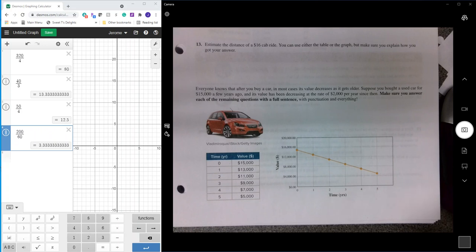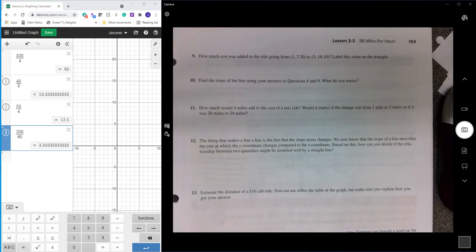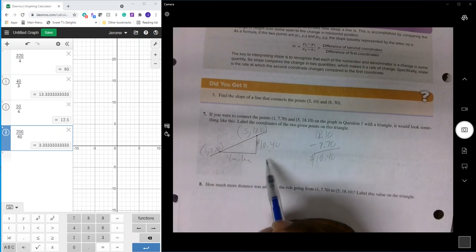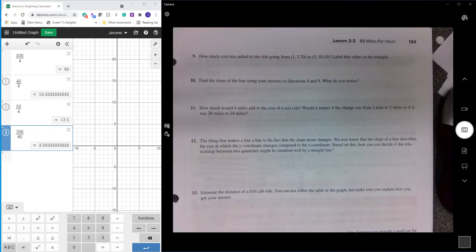Okay, now we move on to problem number 9. It says how much cost was added to the ride going from 1, 7.70 to 5, 18.10. Label this value on a triangle. So basically, when I did problem number 7, when I labeled both of these, that took care of 8 and 9. Because the 4 miles took care of 8 and the 10.40 actually took care of number 9.